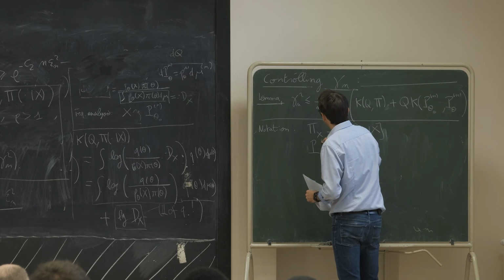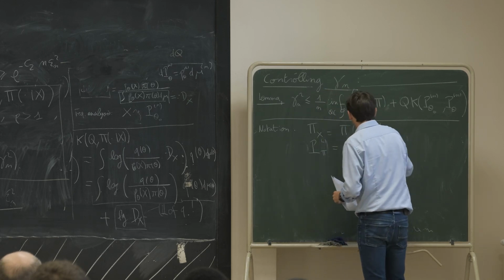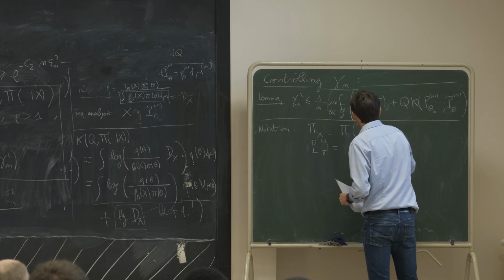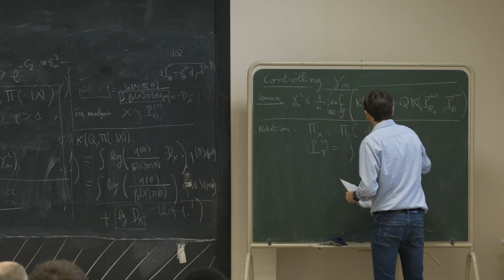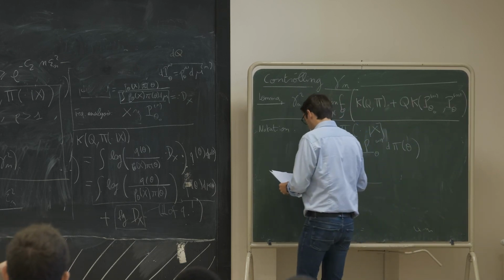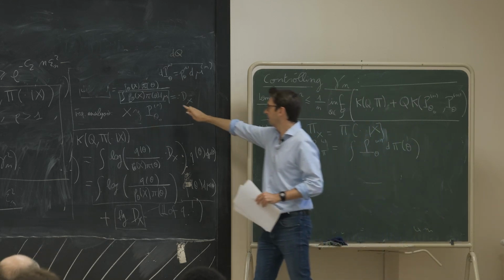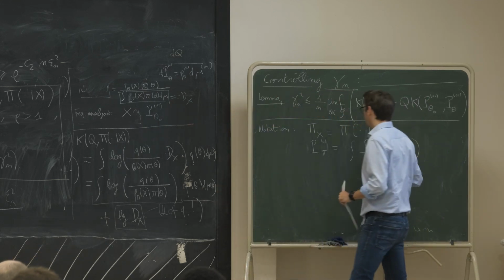It's just that when I write the Kullbacks, I can just use distributions instead of densities, but it's not very important. So here is capital P.